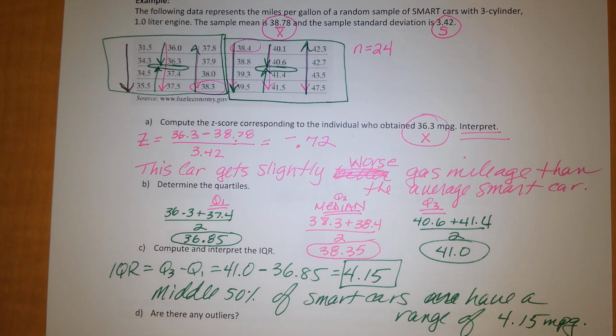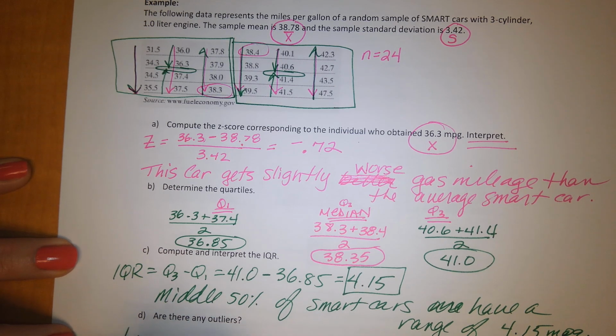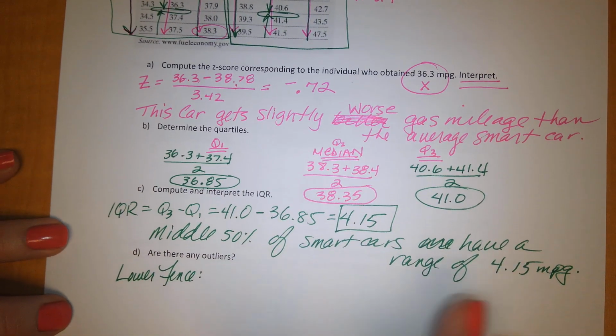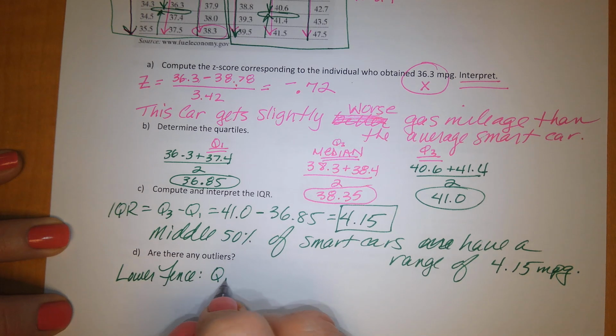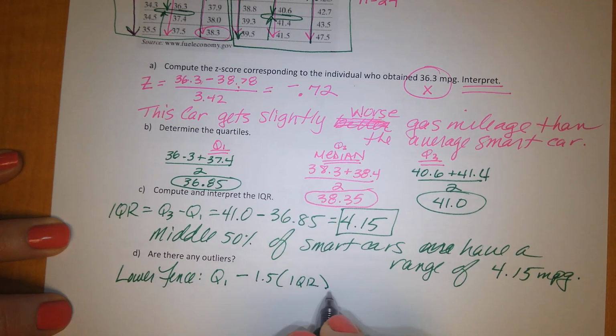The last question says, are there any outliers? In order to determine whether there's outliers, I need to determine where the fences are. The fences determine whether there's an outlier. By the definition, I first have to find what's called the lower fence. The lower fence is found by taking the first quartile and subtracting 1.5 times your IQR.